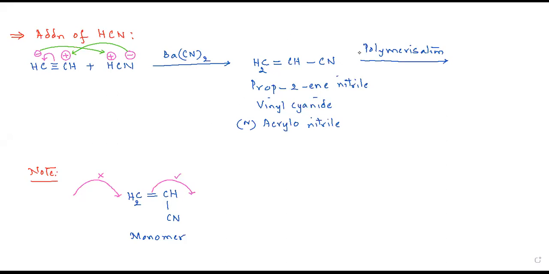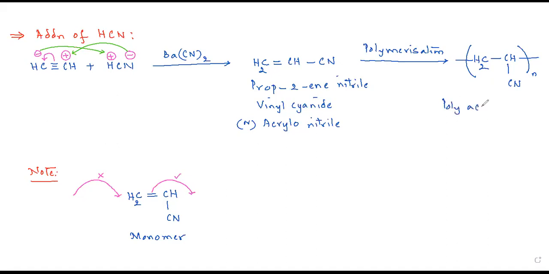Now finally, the polymer can be written as, look at this, CH2, you got a bond from the preceding molecule, then CH, then this bond which has actually gone from this area. So this is how the polymers are to be made.